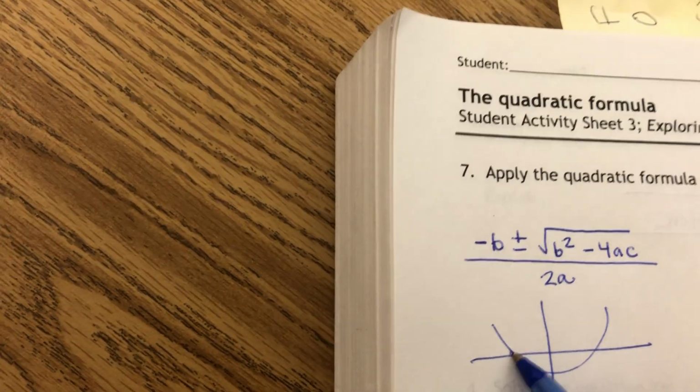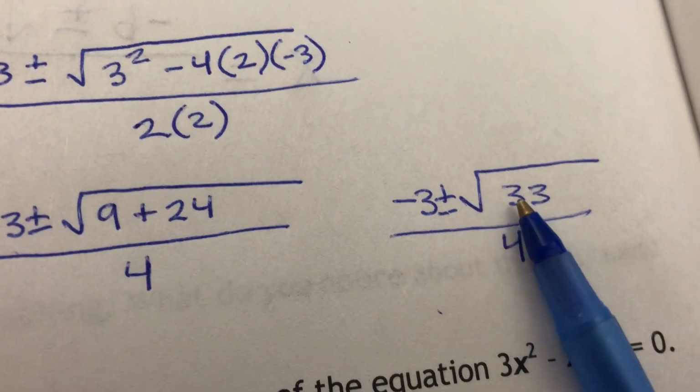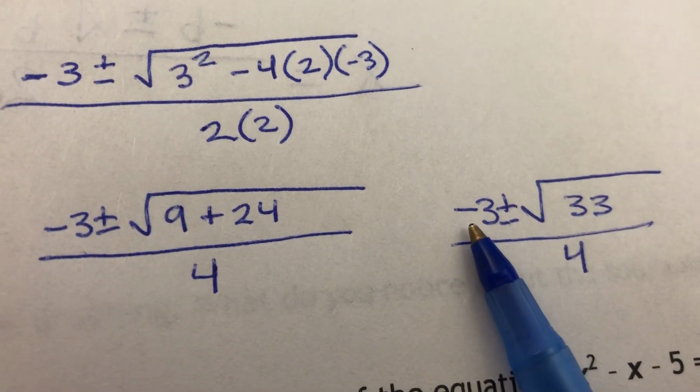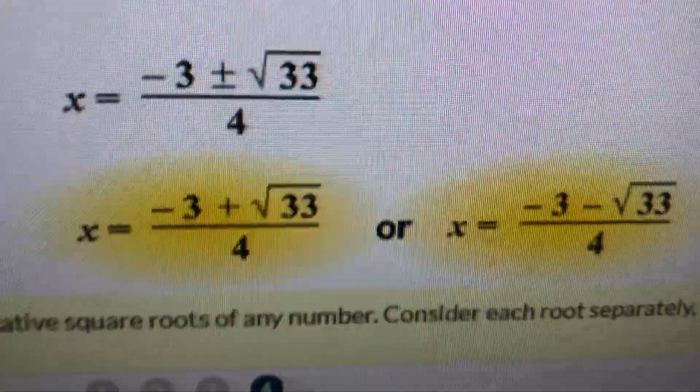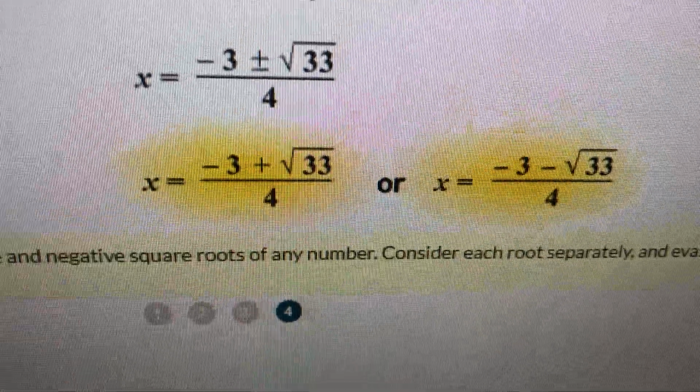There's 2 answers because it crosses the x-axis twice. Well, you're going to have 2 different answers on this because one of them is going to be negative 3 plus square root of 33 divided by 4. The other one is going to be negative 3 minus square root of 33 divided by 4. And that's what they did here. One answer has the plus, one answer has the minus.